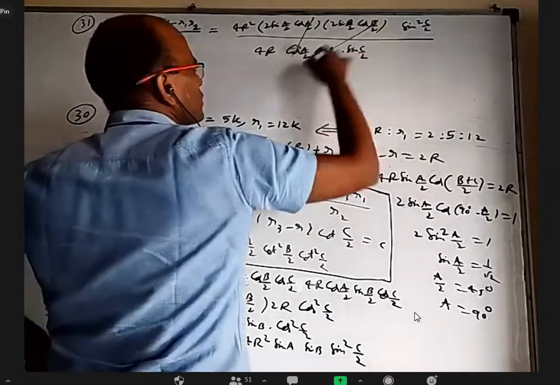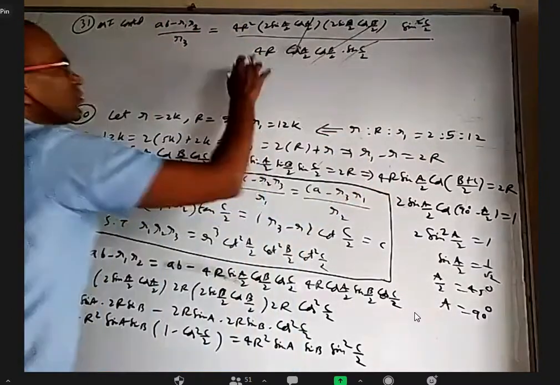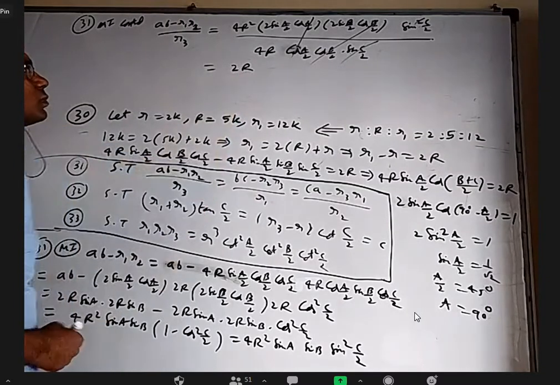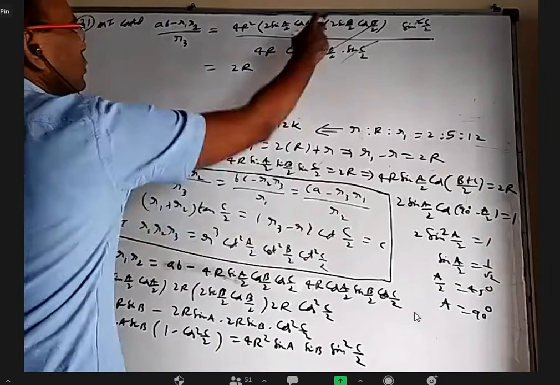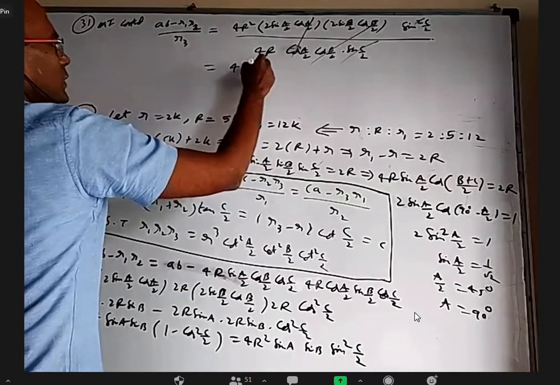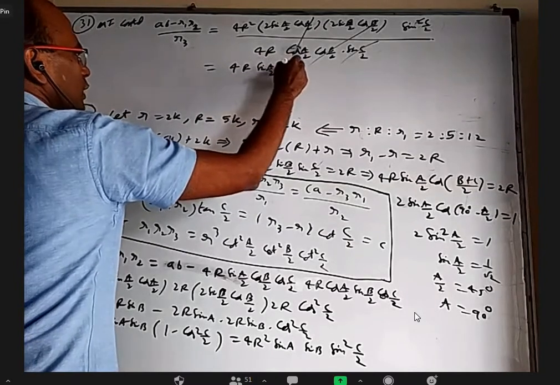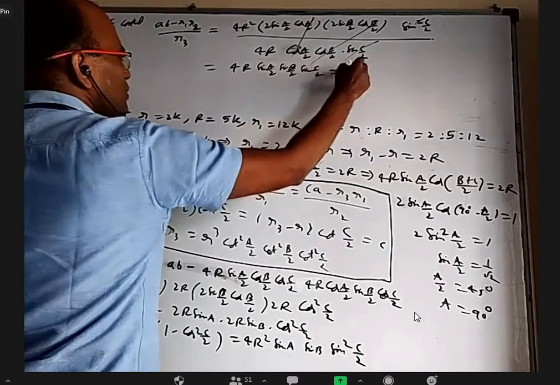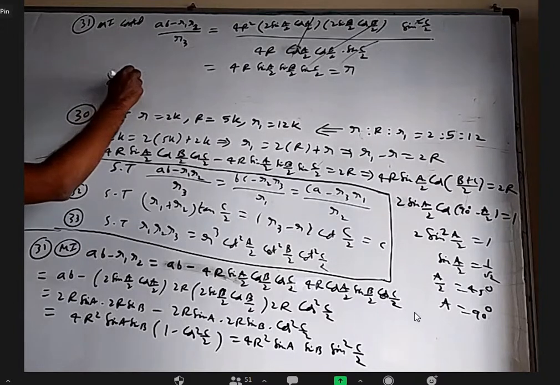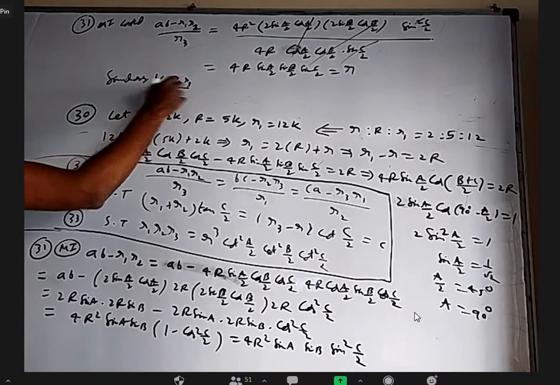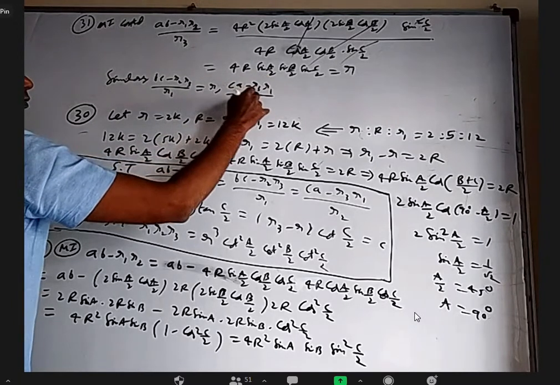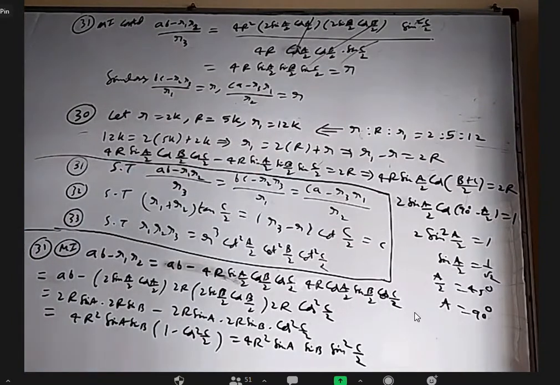Cos A by 2 will cancel, cos B by 2 will cancel, sine C by 2 and this square will cancel. One 4R also will cancel. Total 16 is there, so 4R sine A by 2, sine B by 2, sine C by 2, which is smaller. Okay, so you don't have to write every time. Now you can write similarly, BC minus R2 R3 by R1 is also smaller. CA minus R3 R1 by R2 is also smaller. So all are equal.